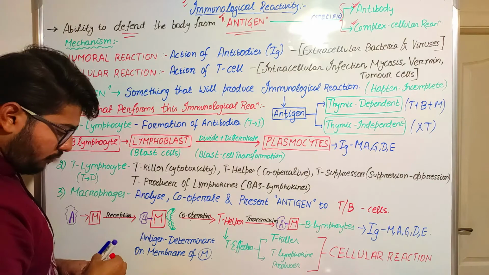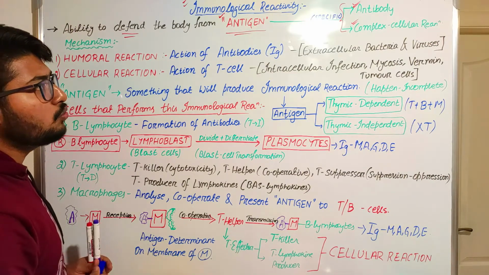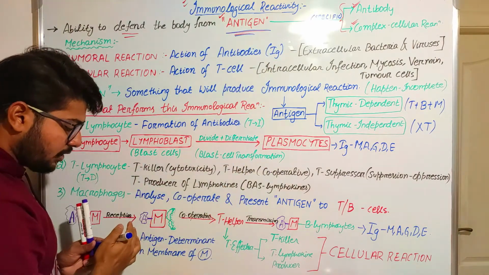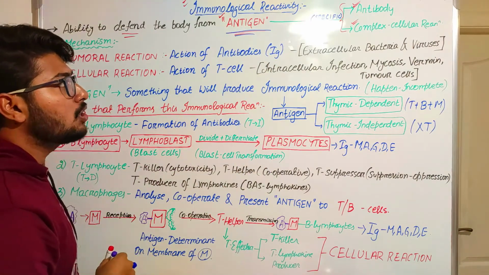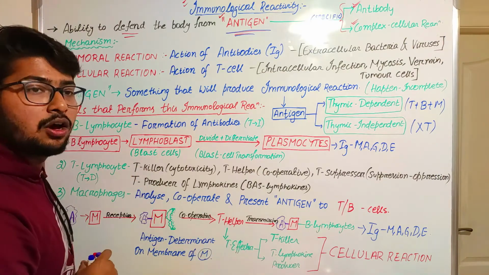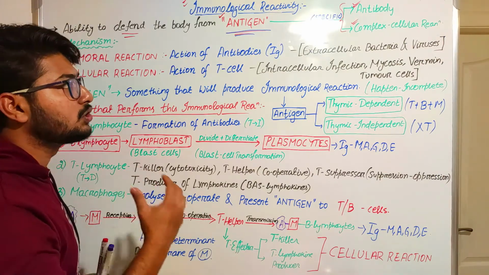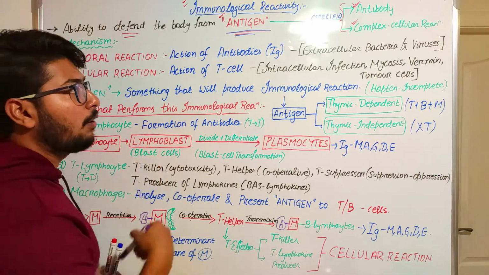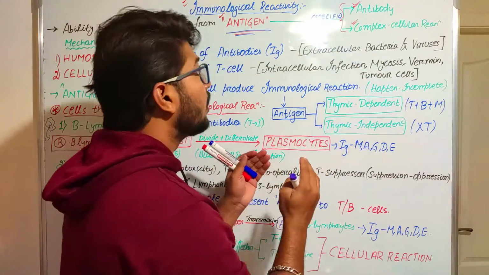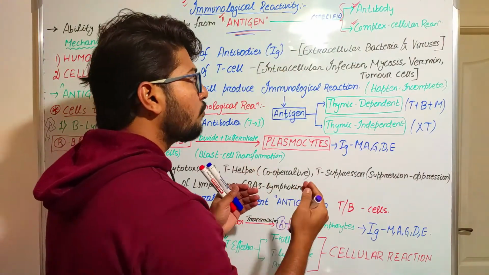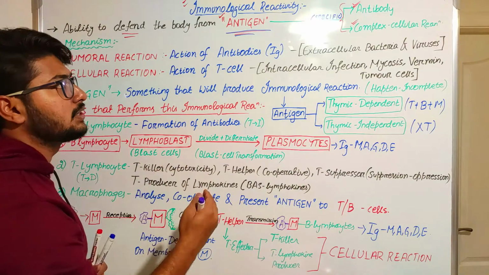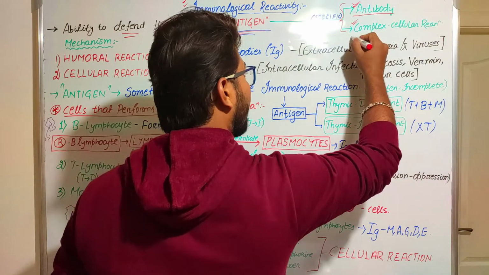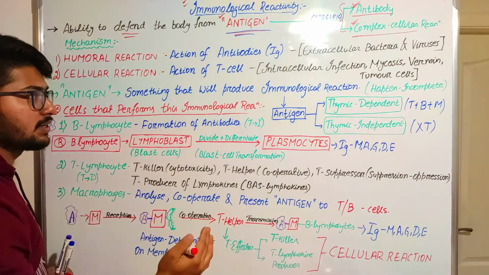From this you know that the antigen is not good for our body because it is an external pathological factor that will harm our body. In response to that, our body will try to produce such reactivity factors through which it can defend against the antigen, and those reactivity factors are nothing but antibodies and complex cellular reactions.